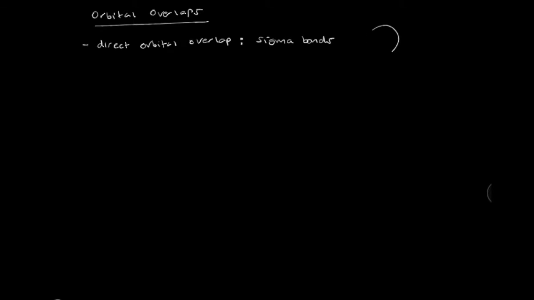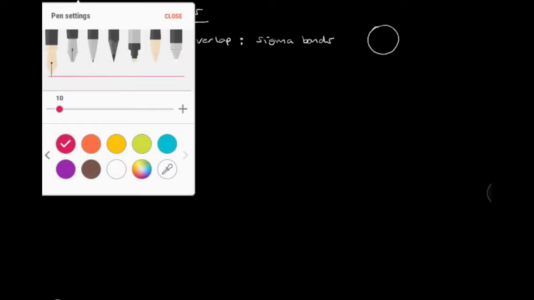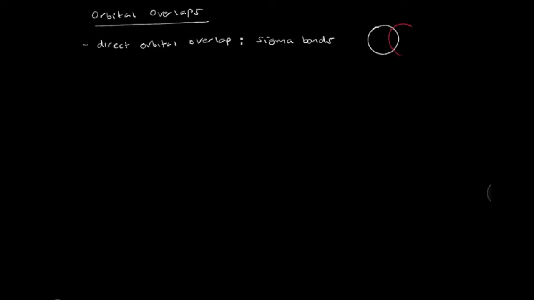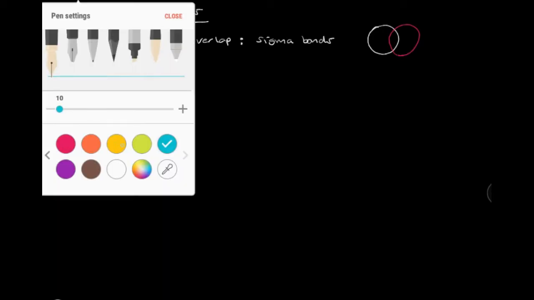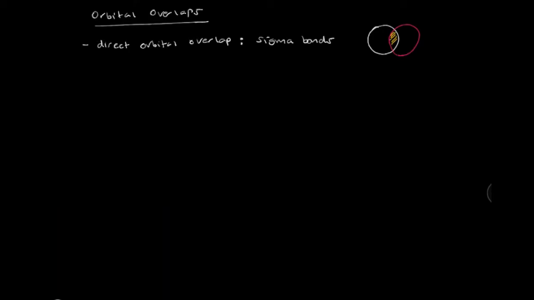Okay, so how would we show this if I represented an orbital with a circle? This is one orbital, and I have another orbital. Let's do that in red. So these are two different orbitals, and let's say that they are s orbitals. This is one of the s orbitals, this is the second s orbital. This overlap region is called the sigma bond.